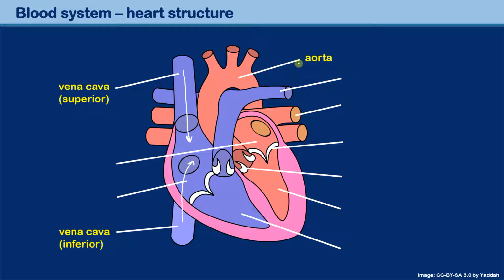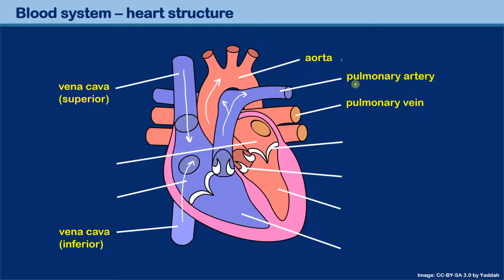We have the aorta, which is the main artery, carrying blood to the rest of the body. We have the pulmonary artery, which carries blood to the left and the right lung. That's why it splits up here, because it goes to the left and to the right lung.